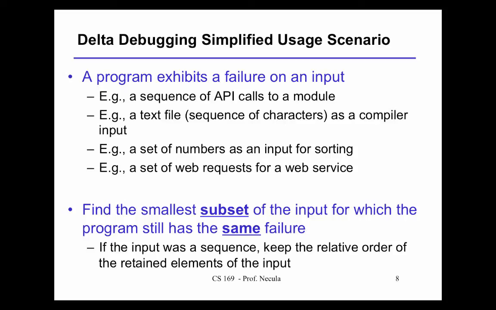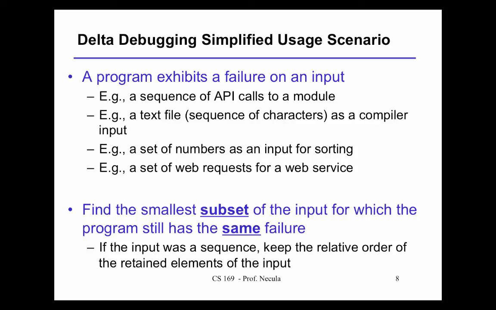Okay? And one of that is to take this input and think of it in a way that makes sense for delta debugging. So for example, the input might be a sequence of API calls to a module. So somebody says, I called your module, I made these 300 calls, and it crashes.